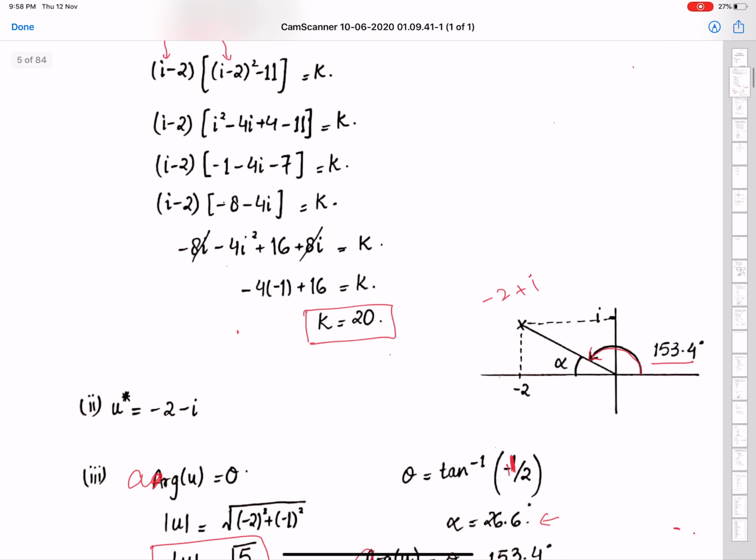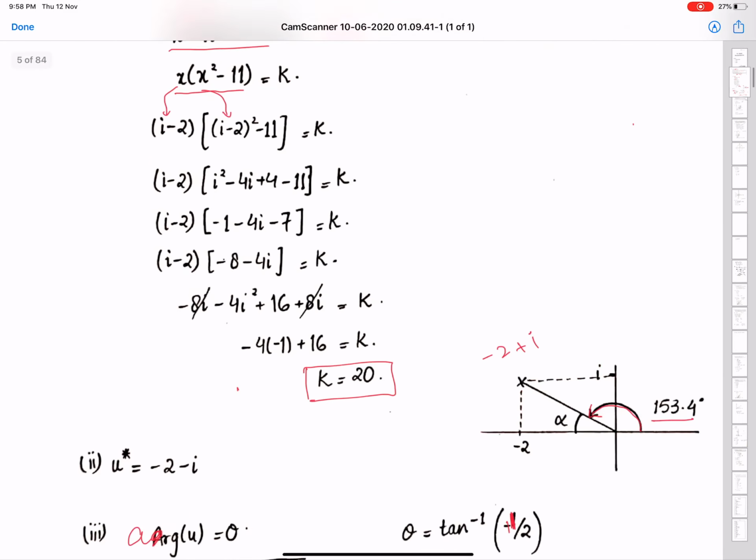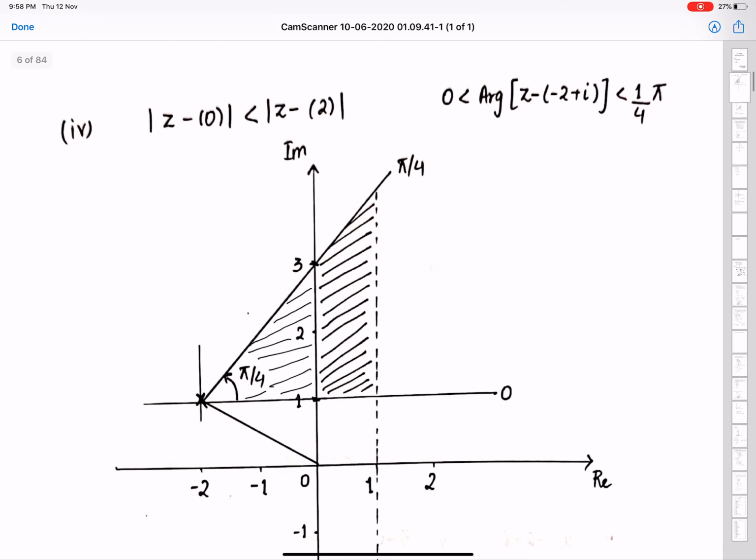Now the last part of this question, we have to shade this inequality and this inequality. This is the perpendicular bisector, and this is the argument of z minus u. We need to shade the required region.